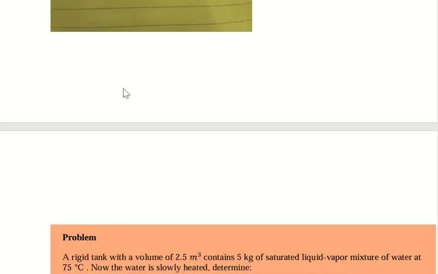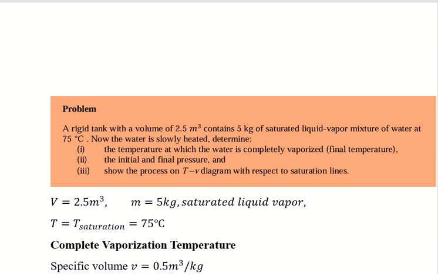So we're going to do the next problem, and let's continue with problem two. Problem two is talking about a rigid tank with a volume of 2.5 meters cubed, containing 5 kilograms of saturated liquid-vapor mixture of water at 75 degrees Celsius.